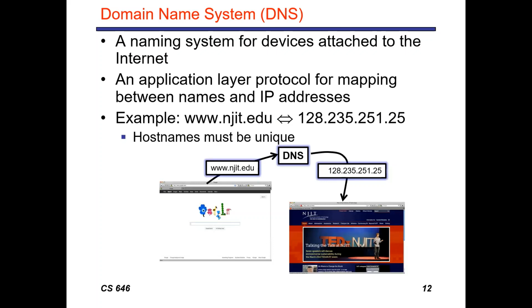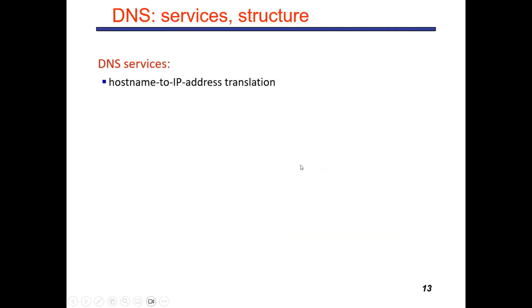Here you can see an example of ngit.edu, which is the domain name that you type in the browser, and this is its IP address, 128.235.251.225. If you write either of them in the browser, you will gain access to the ngit website. Eventually, every web server or host has an IP address, but obviously it has to be publicly accessible.